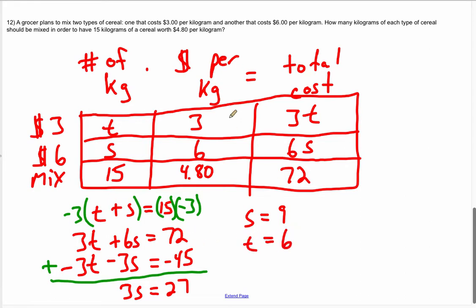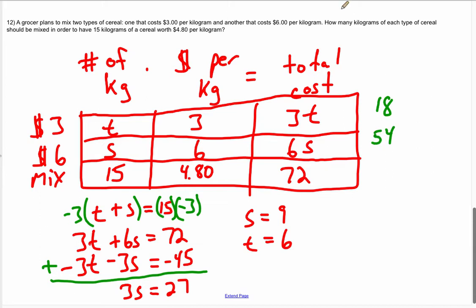And let's test it with the words. We're going to have 15 kilograms total. That works. The total cost for 3 kilograms cereal would be, in this case, 3 times 6, so 18. Total cost for 6S would be 54. 54, 64, 70. Yeah, so that works.